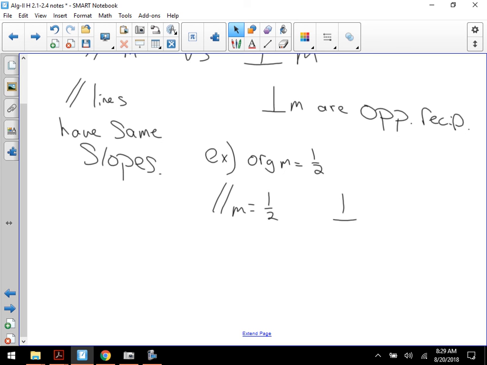What's perpendicular to it? 2/1, or is it negative 2/1? Negative 2. Okay. Opposite reciprocals means flip the fraction, change the sign. And a lot of times when we have a whole number, we just write it as negative 2. It's implied that it's over 1. You can write it over 1. It doesn't matter to me.